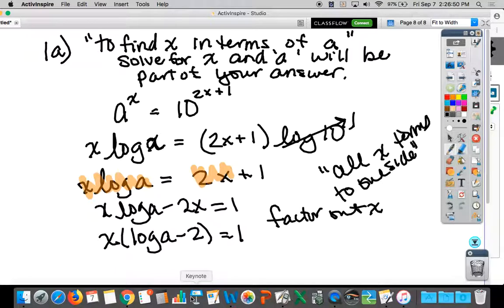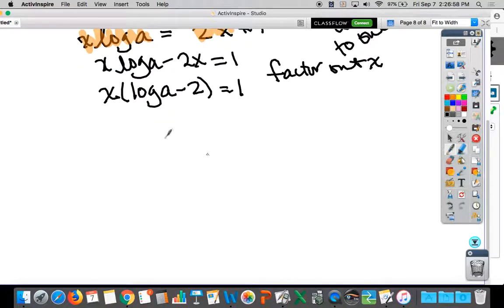Now, once I factor out the x, can I easily get x by itself now? That becomes very obvious. And have I solved for x in terms of a? Yes, I've got x on one side and I've got a on the other.